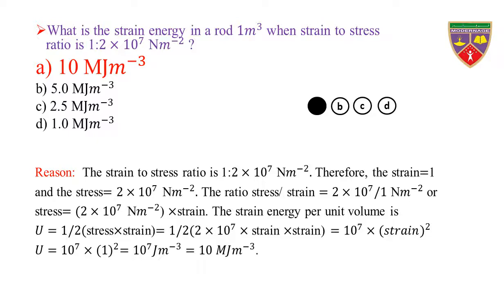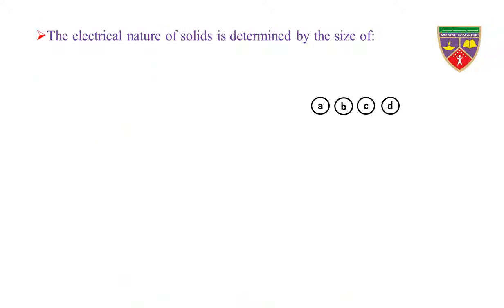Therefore, U is equal to 10 power 7 joule per cubic meter, which can be written as 10 megajoule per cubic meter. Hence, the strain energy in the rod is 10 megajoule per cubic meter.